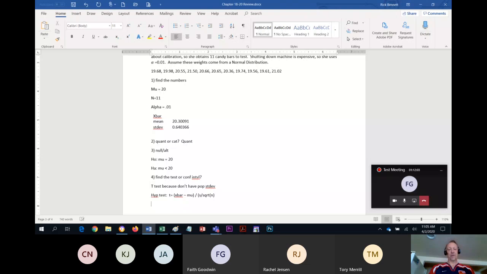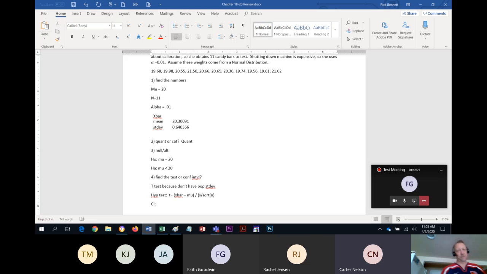Okay. Now, if I'm doing the confidence interval formula, what's the confidence interval formula? Is it the same as if we're doing the problems for the x?